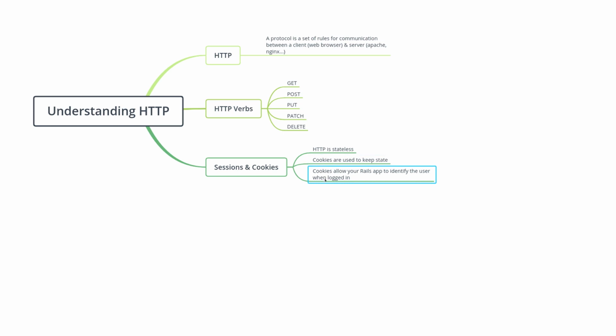So cookies allow you to identify yourself as the user. Every time that you load the page, you don't have to enter your email address and password every single time. It remembers you for some time, and that's what we call a session.